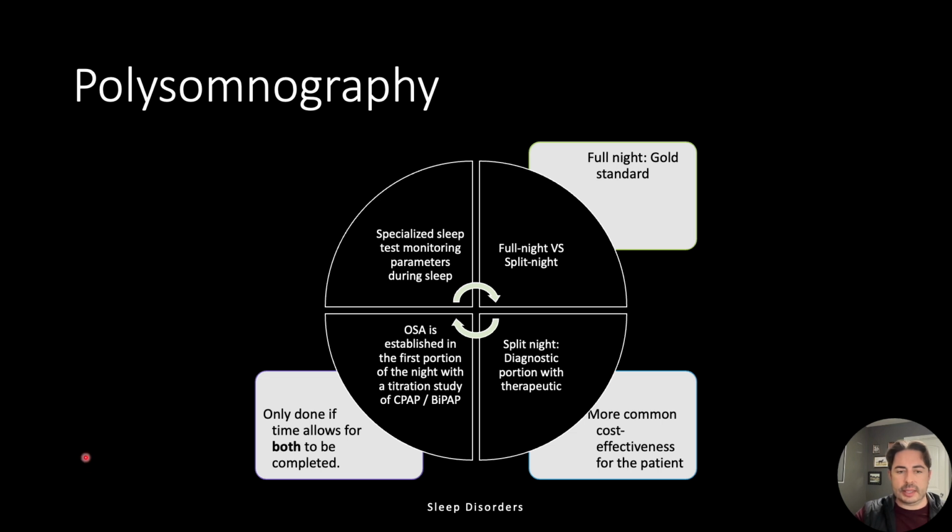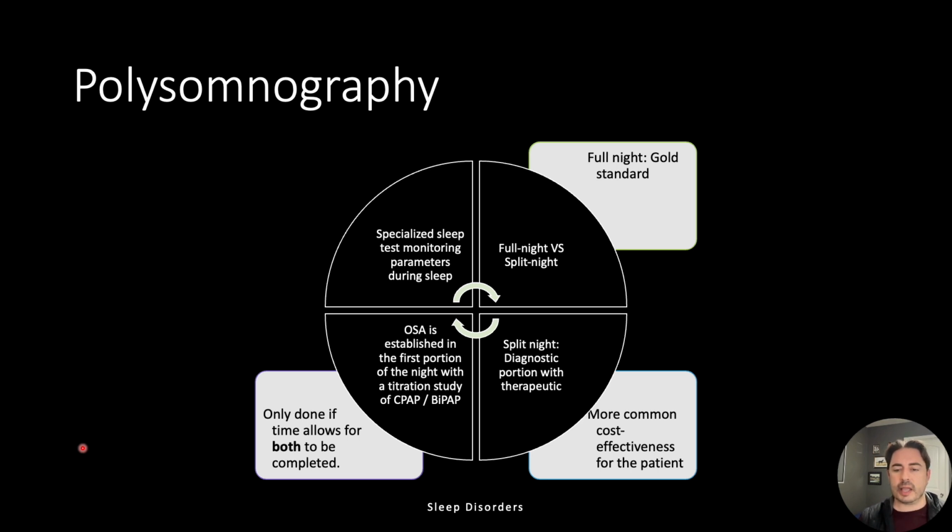So when we look at the sleep study itself, this is a specialized sleep test monitoring parameters during sleep. So we're monitoring the EEG, looking at brain activity while the patient is asleep. It could happen to babies, but a lot of times we see this with adults.